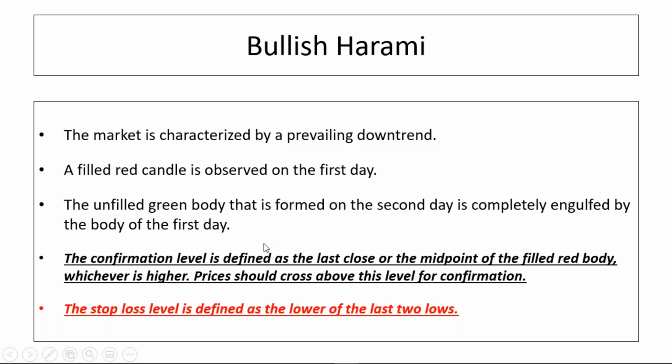So if it's a reversal signal, what do we need to be happening prior to the bullish Harami? If it's a reversal signal and we're going to look to buy this stock, we're going to look for a downtrend heading into the pattern.